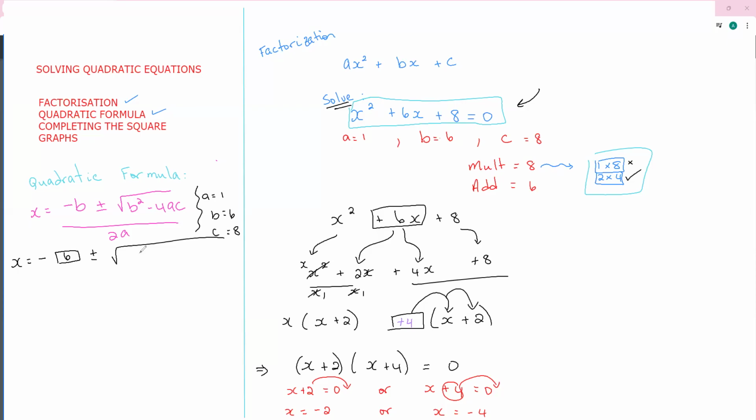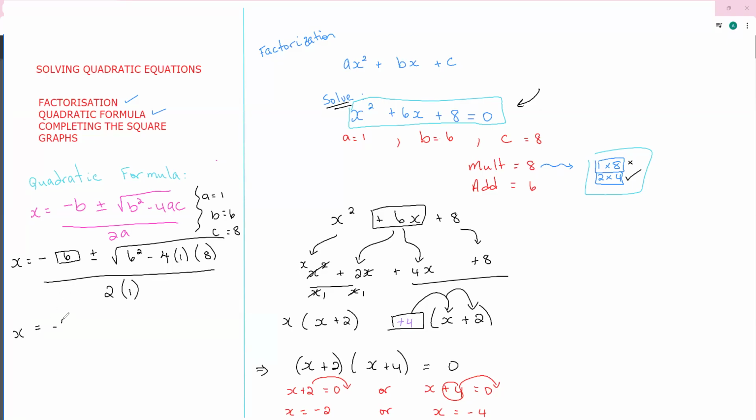So it will be positive 6 squared minus 4, all I'm doing is substituting. So wherever I see a, I'll put 1, use brackets to make it easier to see. And wherever I see c, I'll put 8. Brackets in mathematics mean to multiply. All divided by 2a. A is 1. So let's simplify this.